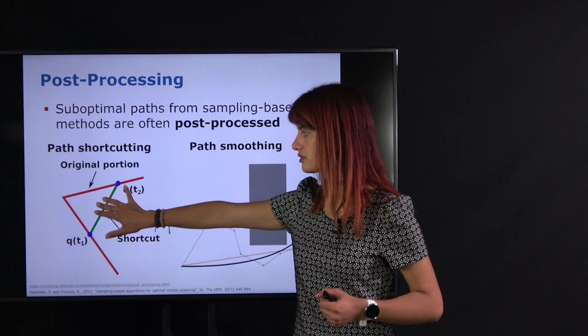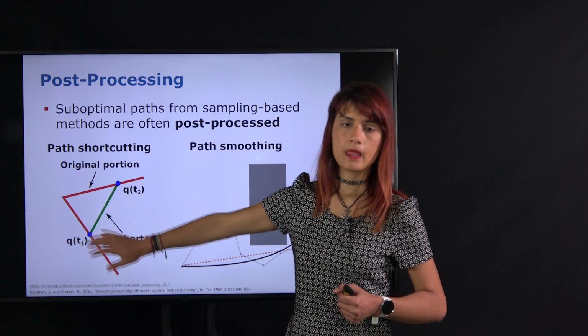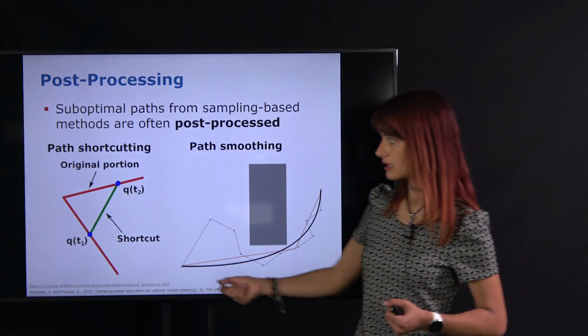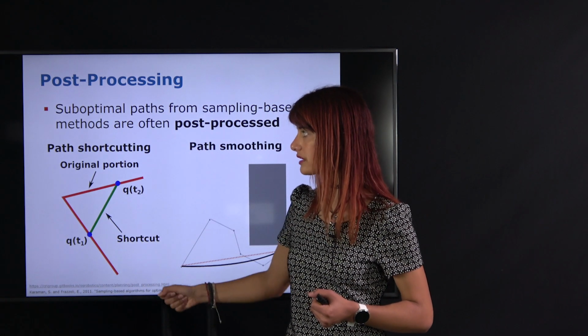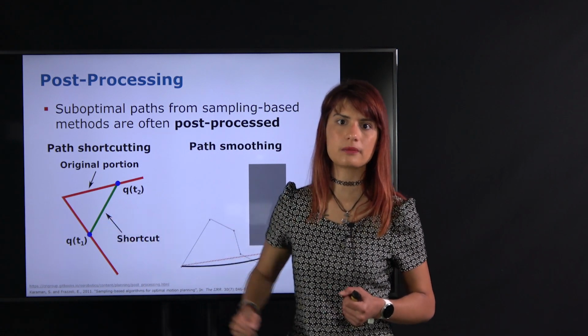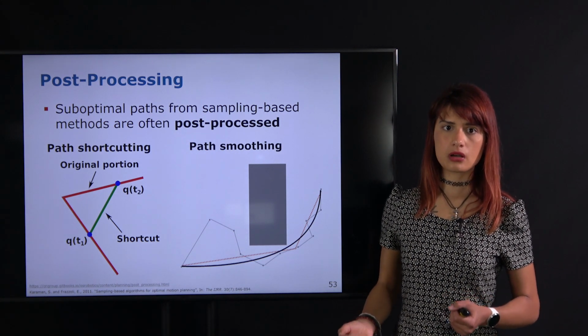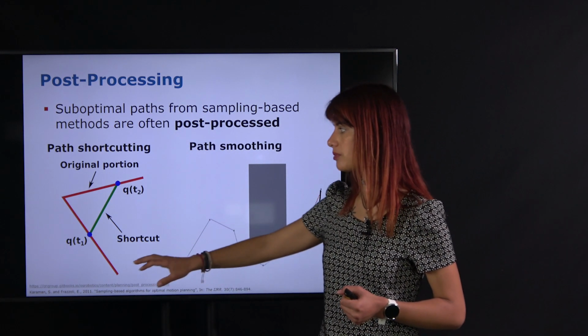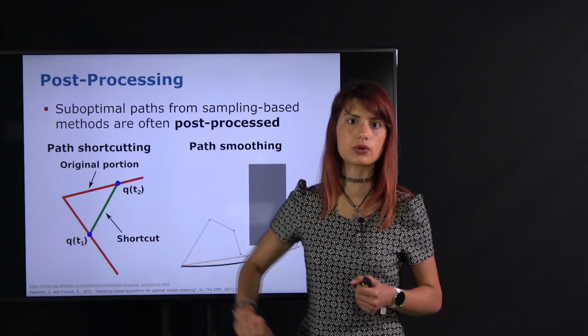So if a collision check between two different nodes would pass, then we can effectively circumvent the edge and just connect them directly, which should give us a much shorter path. This is sometimes used in the non-optimal methods in order to shorten their paths and avoid these rough edges, which are difficult for real robots.